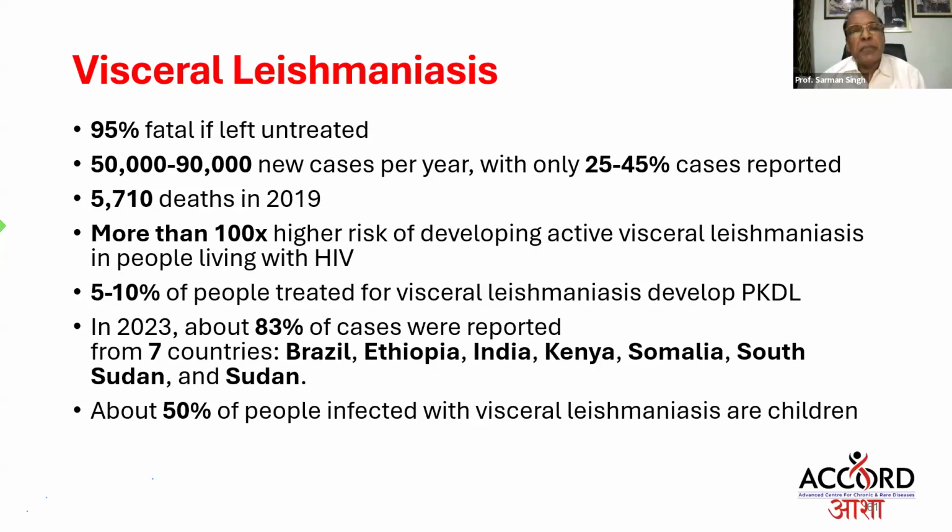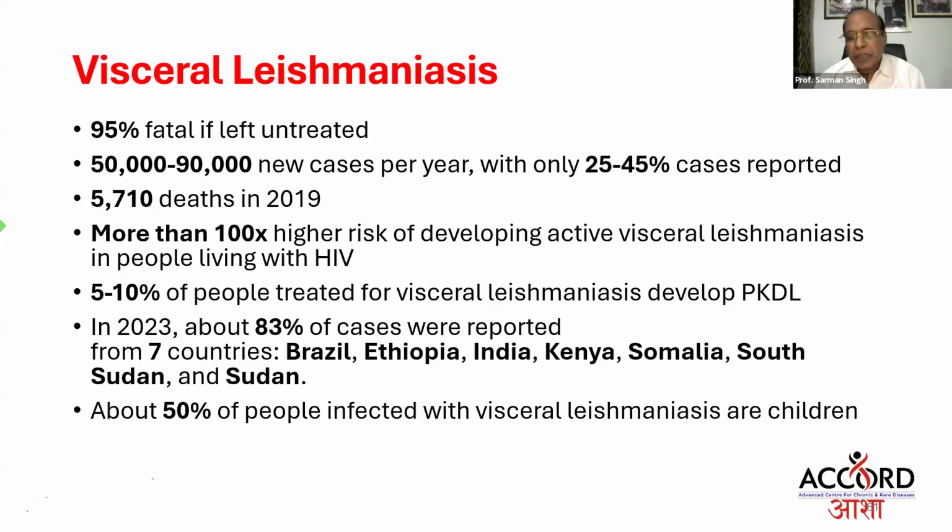As compared to mucocutaneous and cutaneous leishmaniasis, because of the high fatality, as Dr. Mirda and Dr. Mahapatra also said, everybody knows about that. Still, a huge number of new cases are happening. Dr. Mirda, thank you very much for citing our paper.